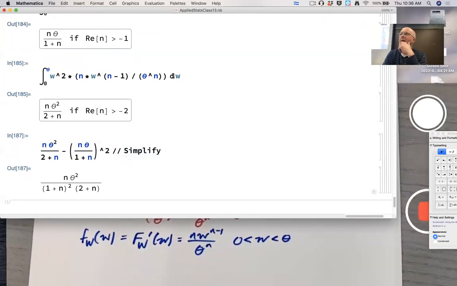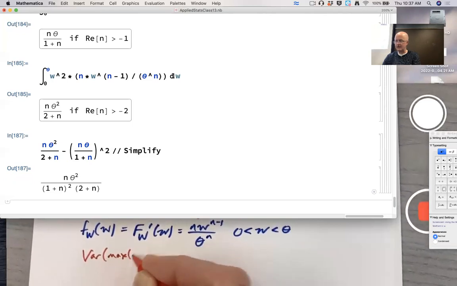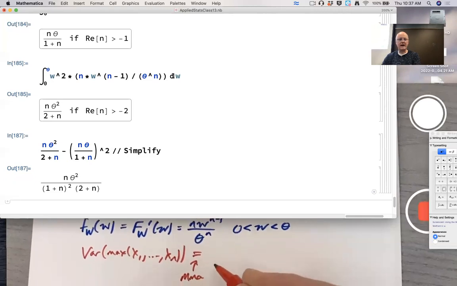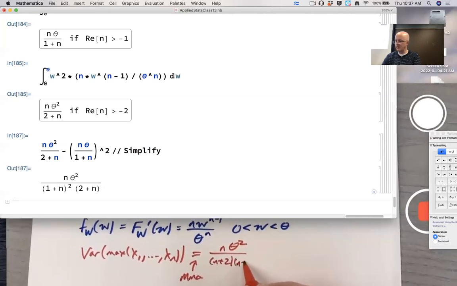That's the variance of the maximum. With Mathematica, we figured it out to be n theta squared divided by n plus 2 times n plus 1 quantity squared.